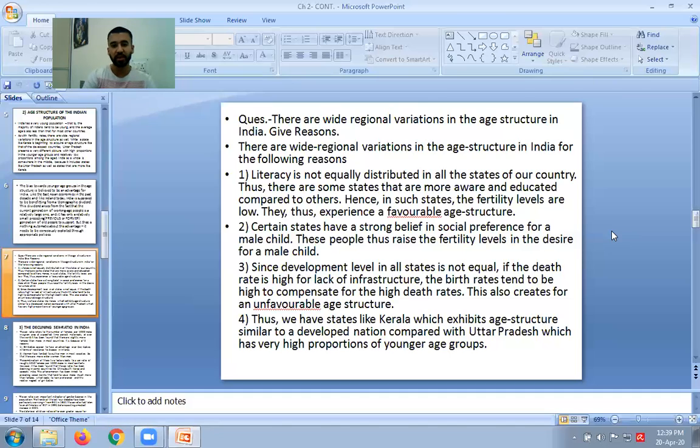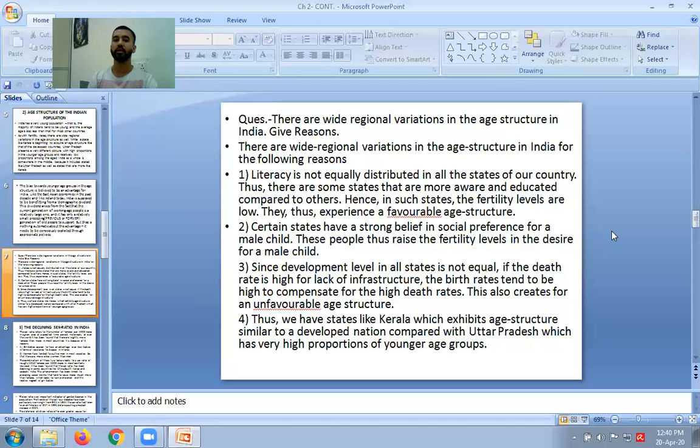I'm talking about the third point. Since development levels in all the states are not equal, if the death rate is high for a lack of infrastructure, the birth rate tends to be high to compensate the high death rates. This also creates an unfavorable age structure. Look, if any state doesn't have a good medical facility, there is always going to be more death rate, right?